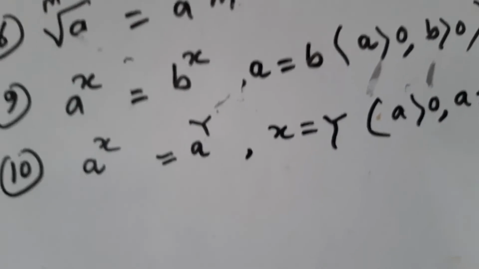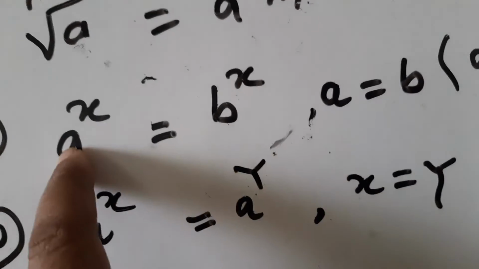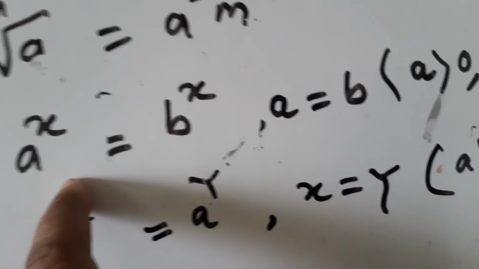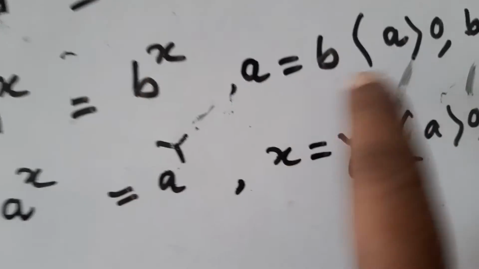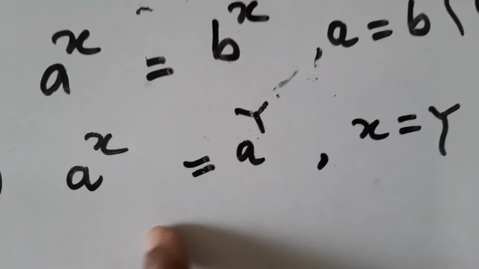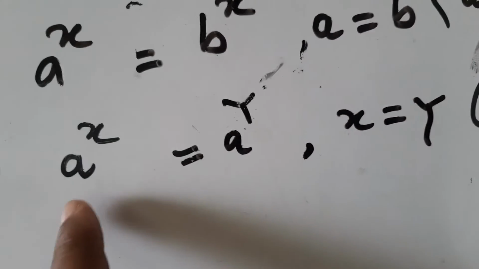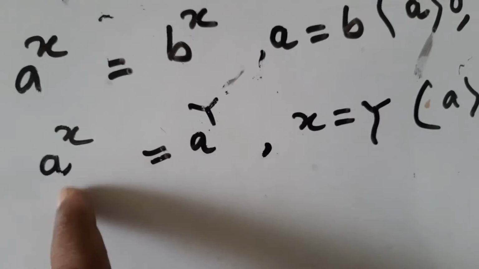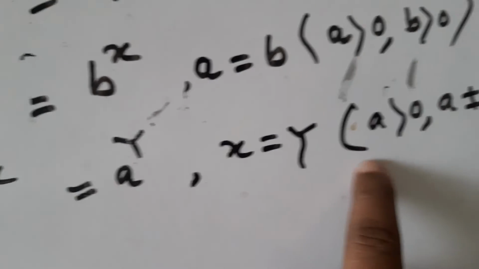And if the base is same but the powers are different, like a to the power x and a to the power y, that means bases are same, so we can say x is equal to y.